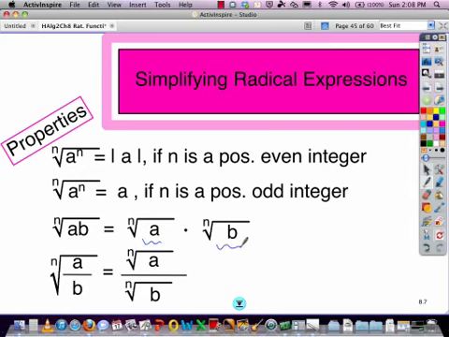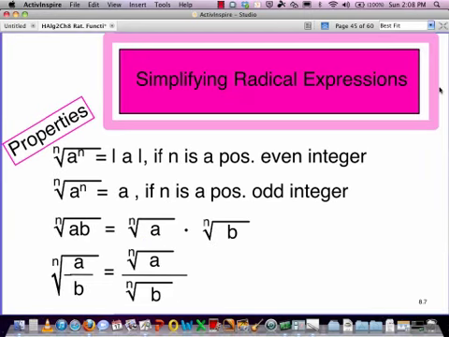And then the last one is just the opposite of that. If you can do that with multiplication, why not with division? So if we have a division problem here, you could simplify it and consider the numerator just under that root and the denominator under that root. It would still work just as well. So I'll show you that with some numbers as we go through our simplifying processes.